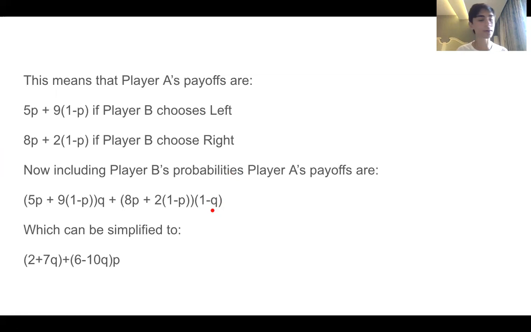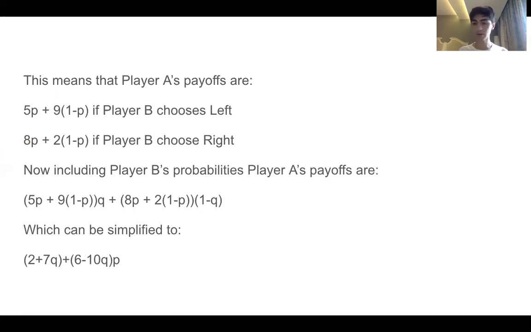Given all the probabilities and all the payoffs, this is what player A is going to get. Now we can simplify this to 2 plus 7Q plus 6 minus 10Q times P. But remember, player A only has control over option P.